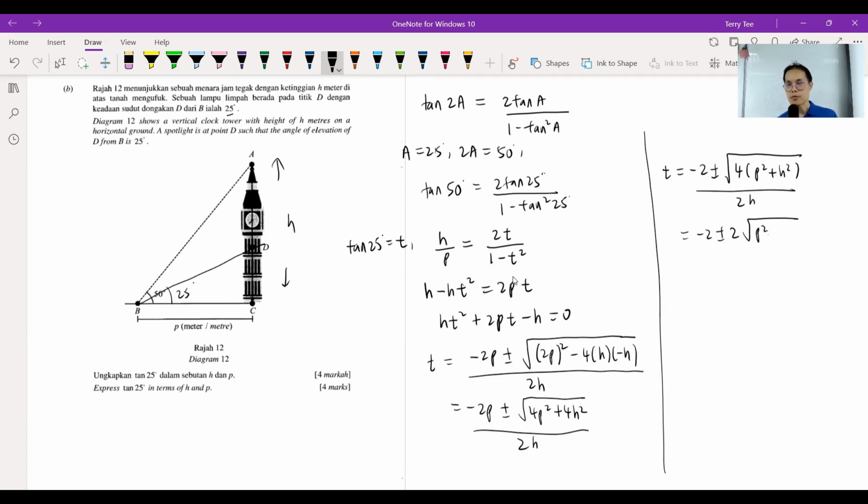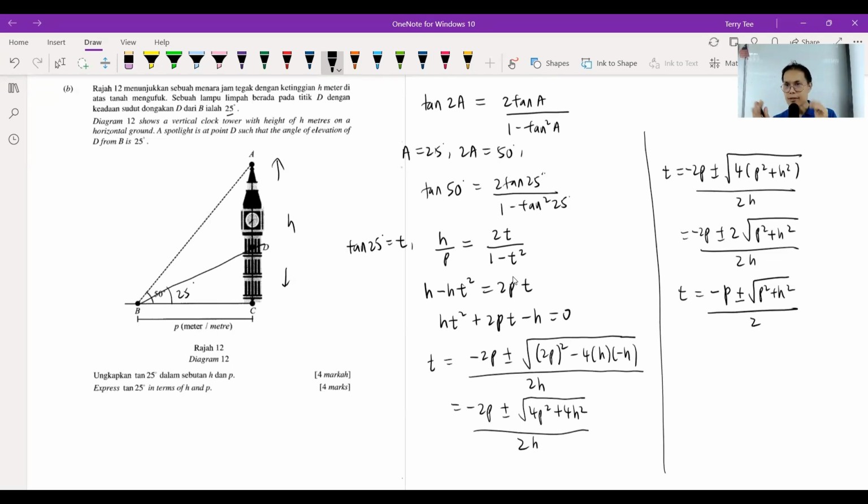Keep your p squared plus h squared inside over 2h, and you can divide them. Okay, so when you divide them, it's minus 1. Sorry, there's a p missing here, minus 2p. So it's minus 1p here, plus minus square root p squared plus h squared over 2.